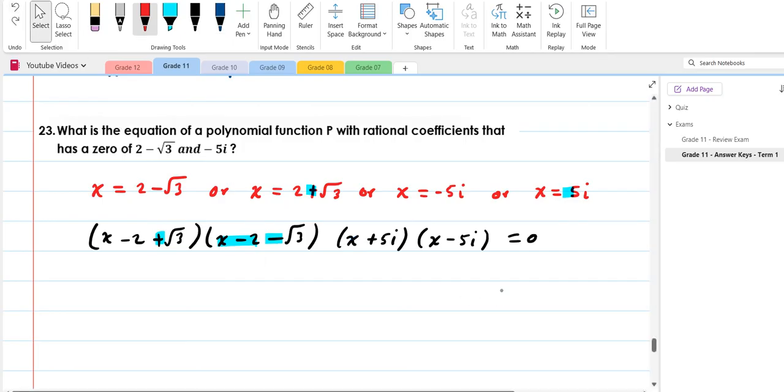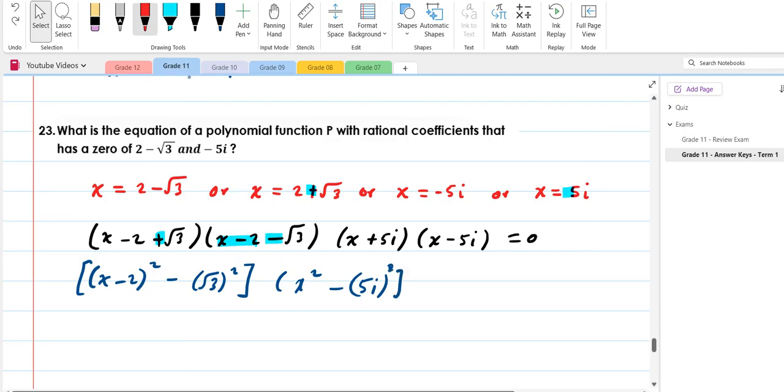So now this first bracket will just become x minus 2 squared minus root 3 squared. Make sure you put that in bracket as well, because everything is being multiplied by each other. And then the next one is x squared minus 5i in bracket squared there. So put that in bracket as well, is equal to 0.